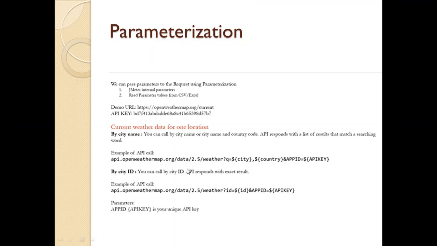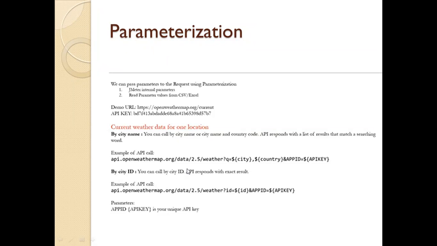It's nothing but giving parameters in our JMeter. So these parameters we can give to the request in two types. One is internal parameters and another is external parameters. External means from Excel or from CSV file. We can give the data in our Excel sheet and we can import the data here. So we'll see first internal parameters, how we are going to do.